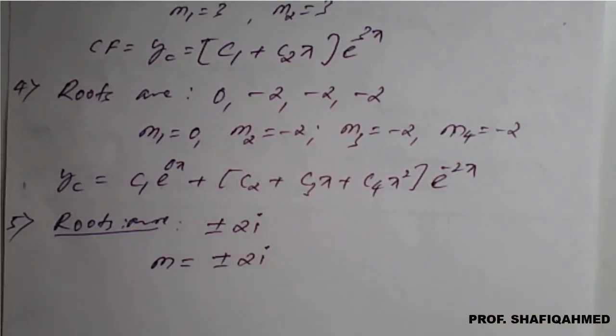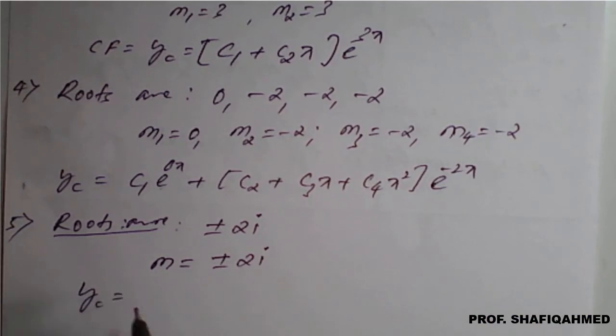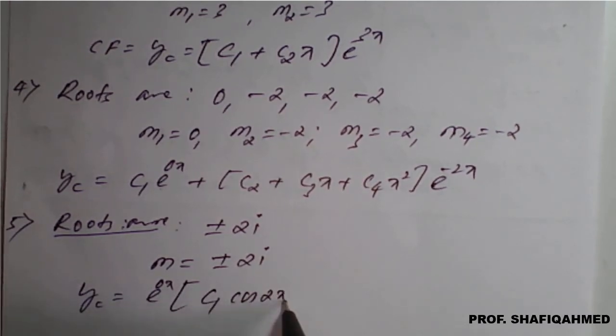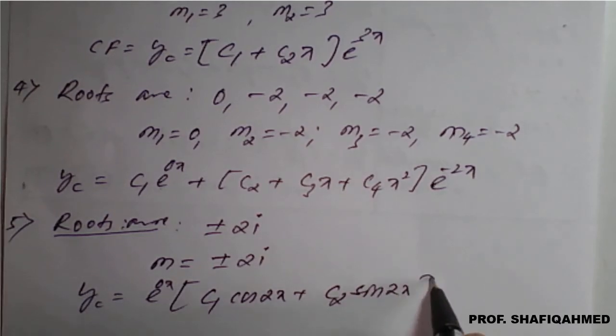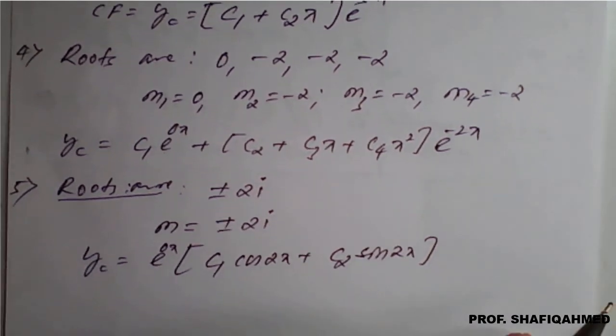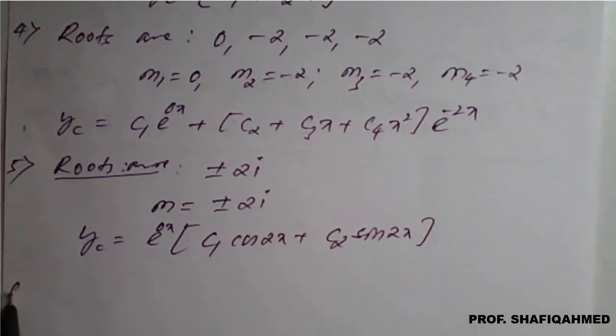At that time, how to write the complementary function? yc is equal to e raised to 0x into bracket c1 cos of 2x plus c2 sine of 2x, or since e raised to 0 into x is e raised to 0, which is 1, you can write only c1 cos 2x plus c2 sine 2x, that's all.